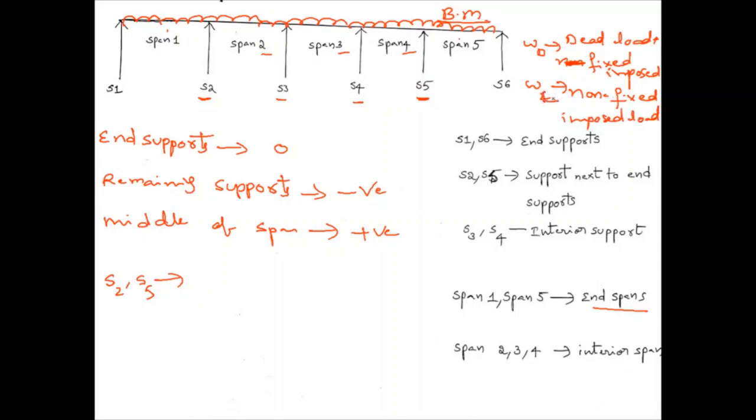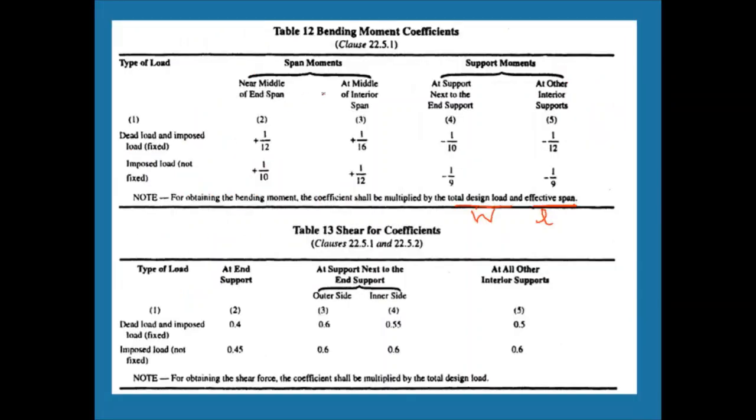Now as I said, at the end supports S1 and S6, what will be the bending moment? Directly 0. And at S2 and S5, that means the support moments, they will be like this.